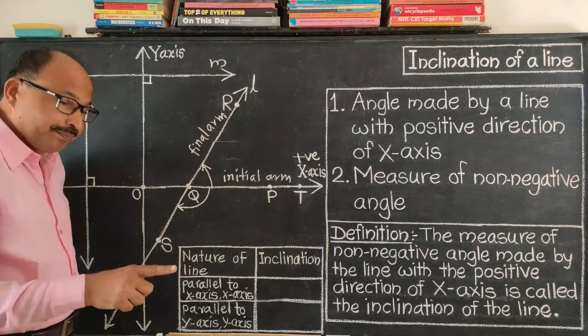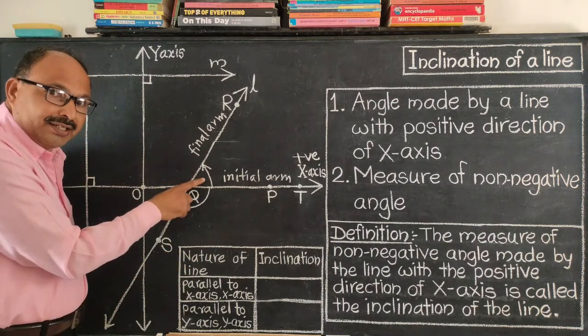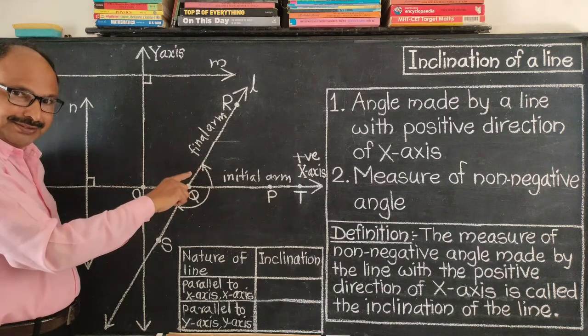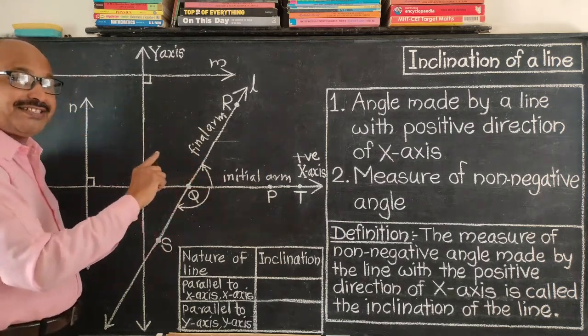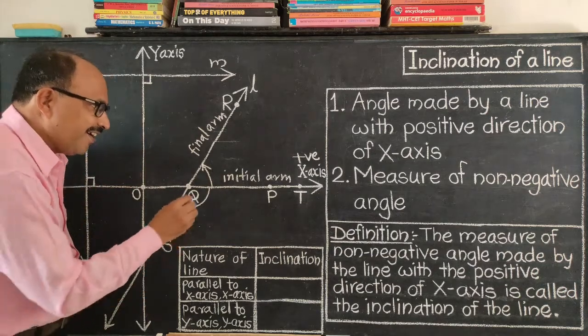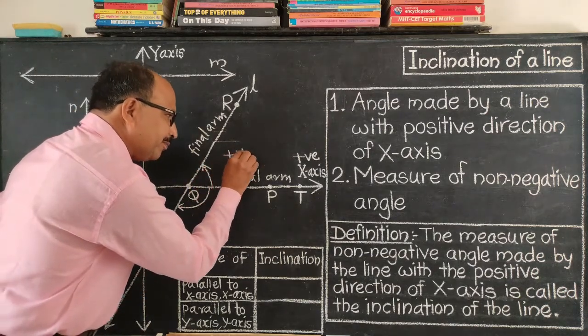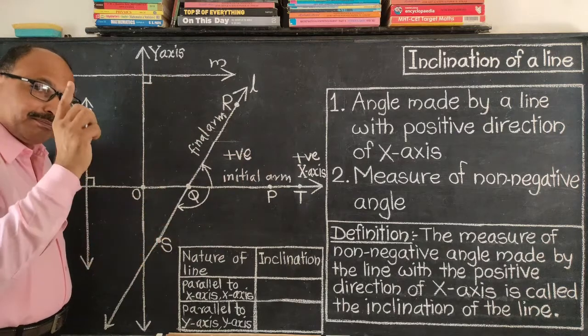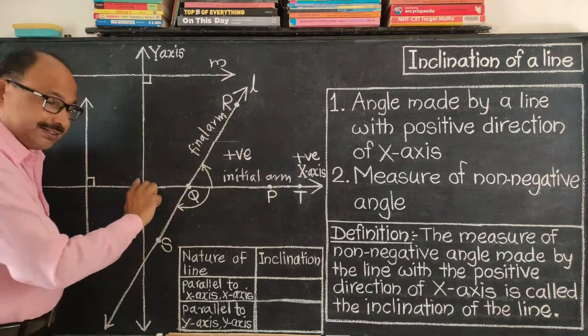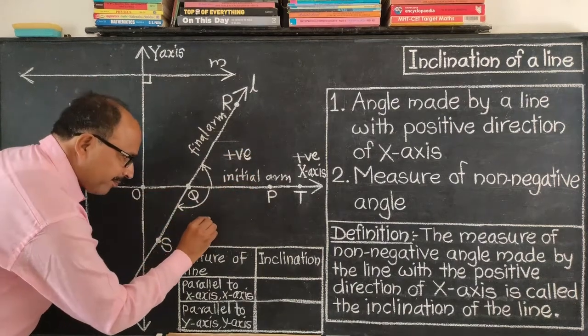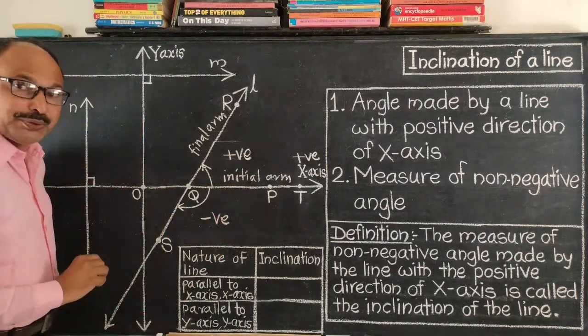Measurement of angle counterclockwise, that means in anticlockwise direction, is considered positive, and measurement of angle clockwise is considered as negative.